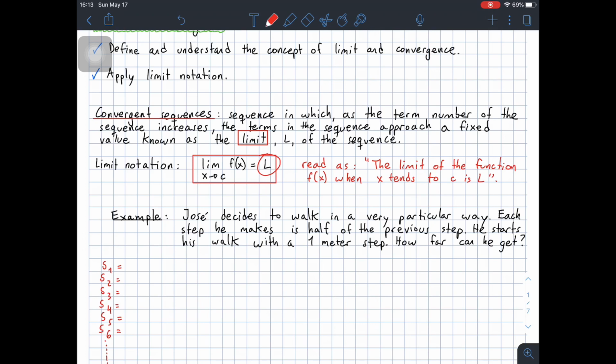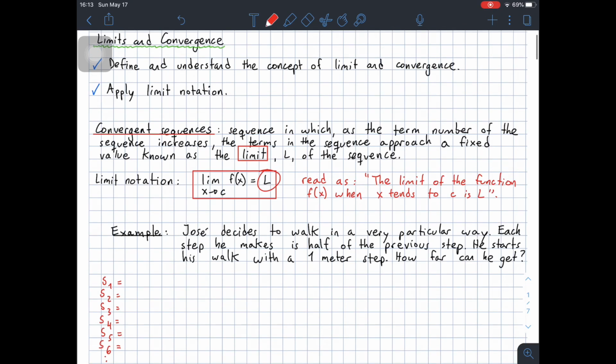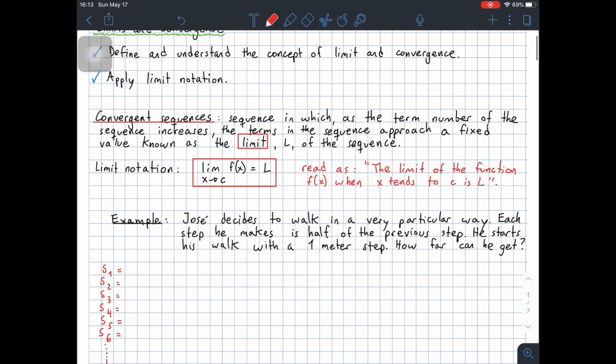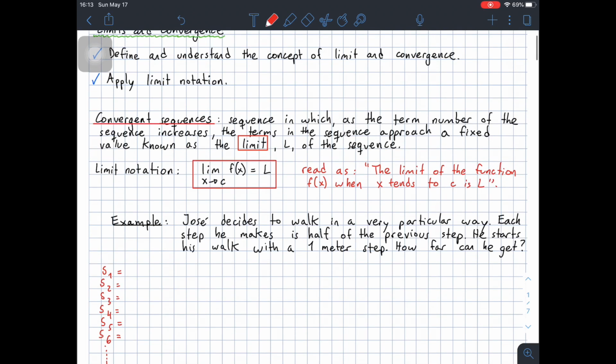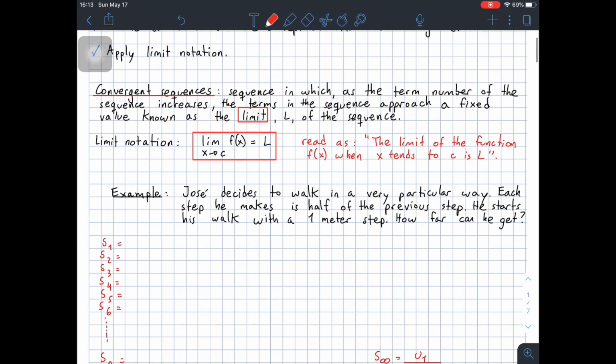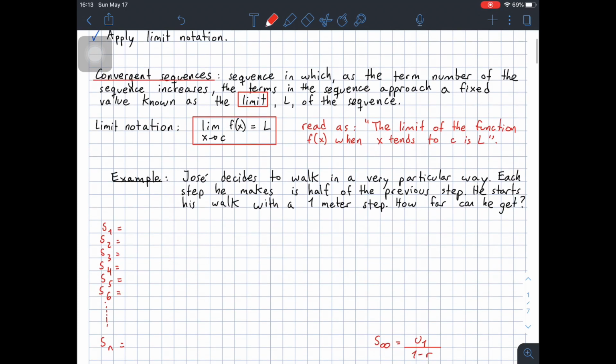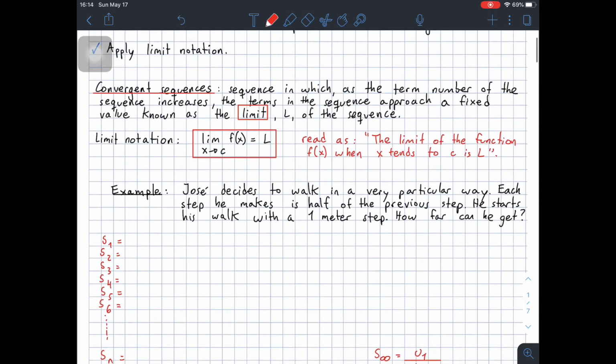The limit is denoted as capital L. So this is read as the limit of the function f of x when x tends to c is L. That's the value of the limit. Obviously, this is a number, this is a number, and this is a function. We're going to be seeing that in concrete examples later on.